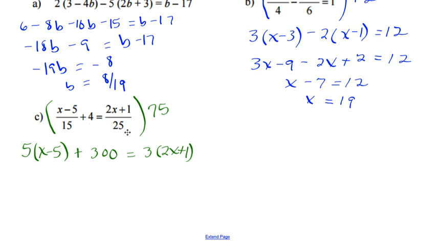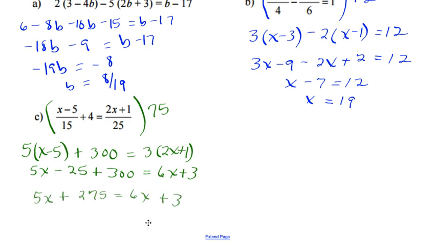We just multiply 4 times 75, which is 300. And then 25 goes into 75 3 times, leaving us 3 times the numerator. Again, using the distributive property, combining like terms, and then solving for x, we get x equals 272. Feel free to pause the video or slow it down anytime that you feel I'm going too fast.